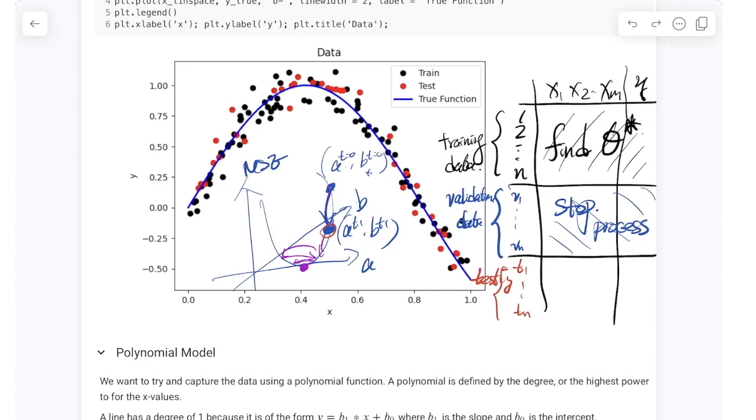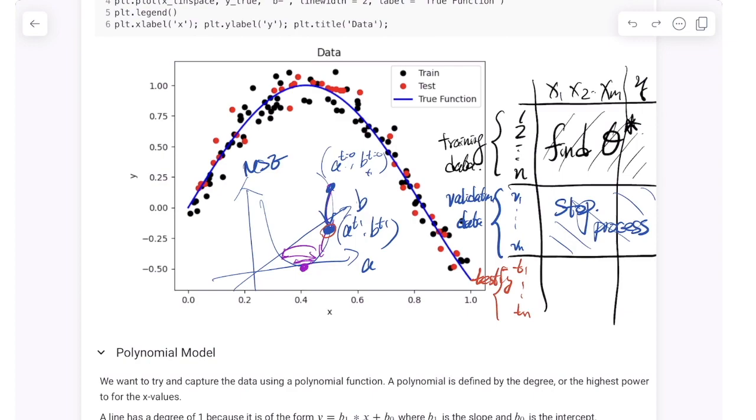Every time you get a new parameter, you use the blue data points, the validation data set, to test your MSE value or maximum likelihood of cross entropy. If your MSE value is small enough, you should stop performing gradient descent on the black data set.